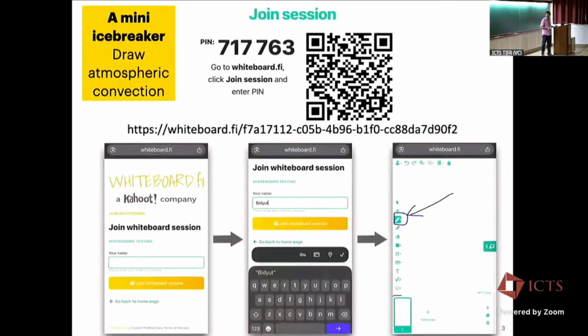So I request all of you to scan this QR code, and you will be taken to a page like this. Type your name, use the free drawing pen, and draw whatever comes to your mind when you hear atmospheric convection. When everybody has taken a picture of the QR code, I'll take it off because I need to go to the browser and see what you have drawn. We were supposed to have an icebreaker, so consider this a mini icebreaker.